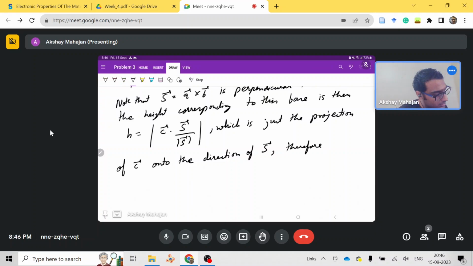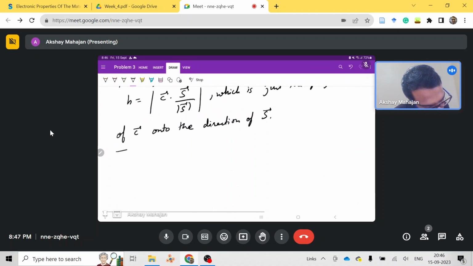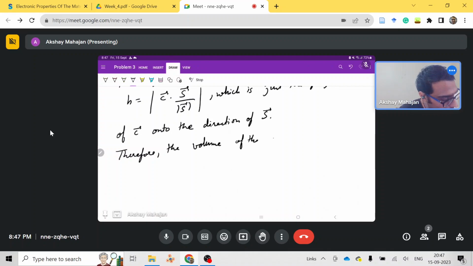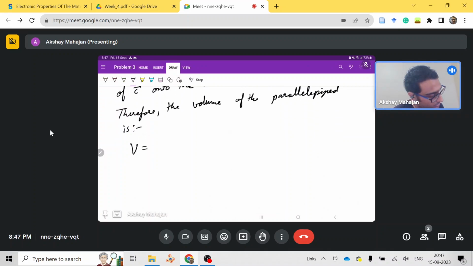Therefore the volume of the parallelepiped is V equals A times h.